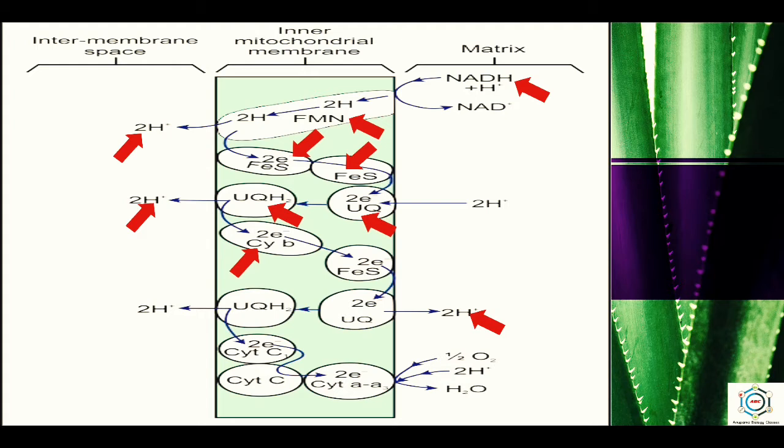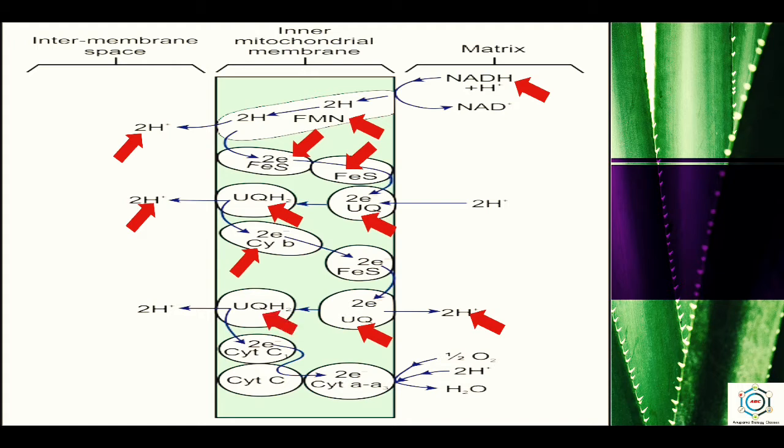The FES is converted to reduced FES, which then transfers electron to ubiquinone, which also takes 2 hydrogen from the inner matrix to become ubiquinone H2.